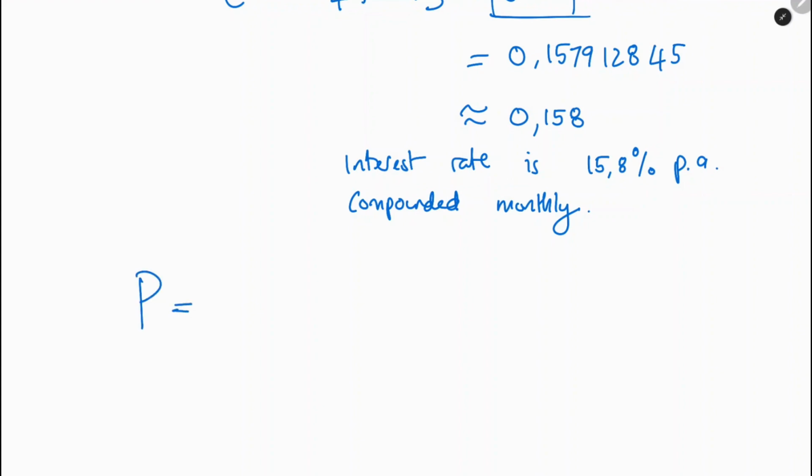The loan amount is equal to X, which is the repayment per time period, times 1 minus 1 plus I to the power of minus n, which is the number of time periods, all over I.